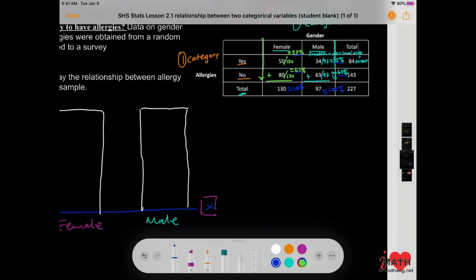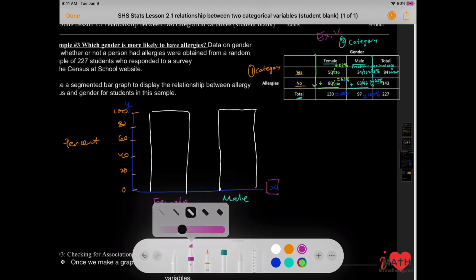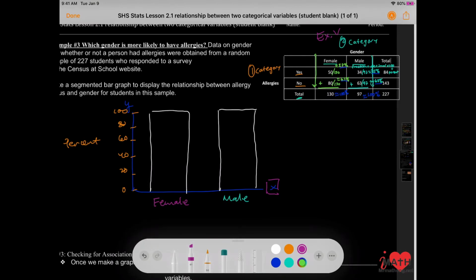All right, so let's go over here. And so let's make our segments now. So I'm going to do the 37. Let's make a key here. This is yes, has allergies.